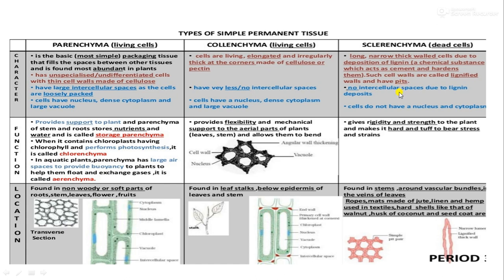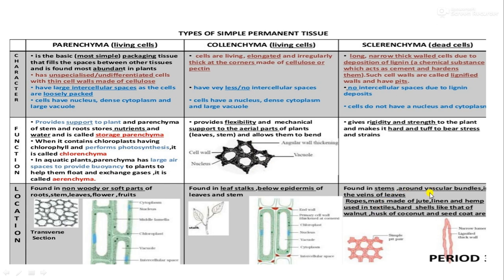In collenchyma, one important characteristic is that the corners are thickened, but in sclerenchyma the wall is uniformly thickened.